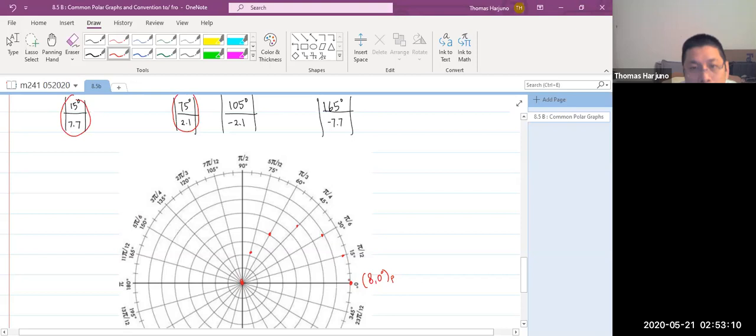So notice that if I connect these points here, let me use green color, then you will see that from 0 to 90 degrees, I get this.